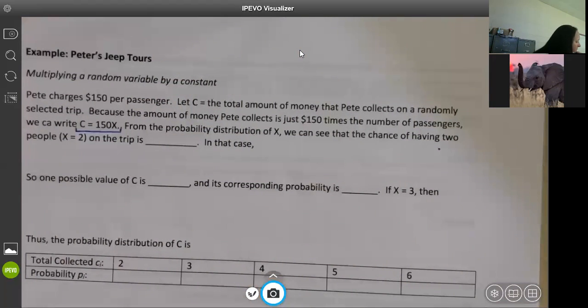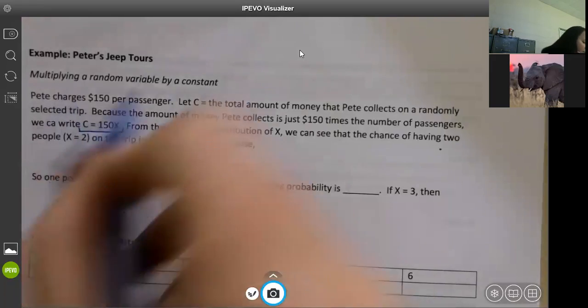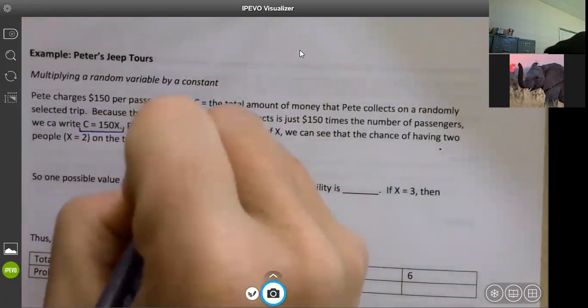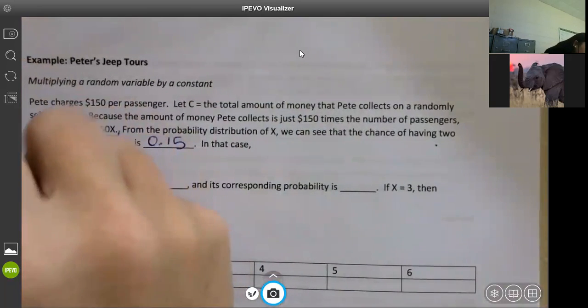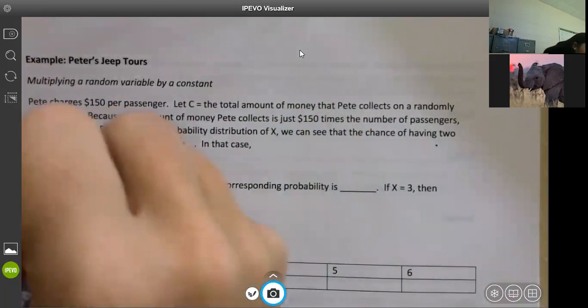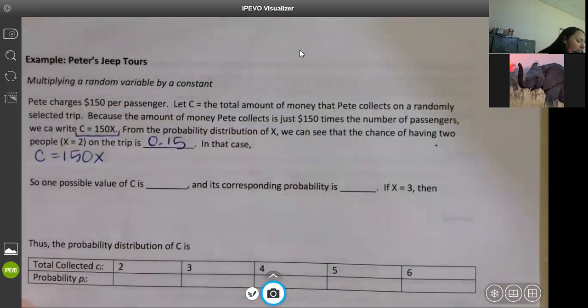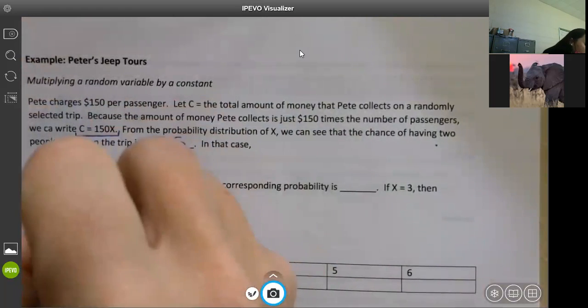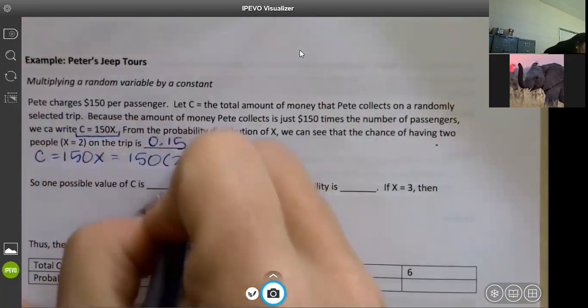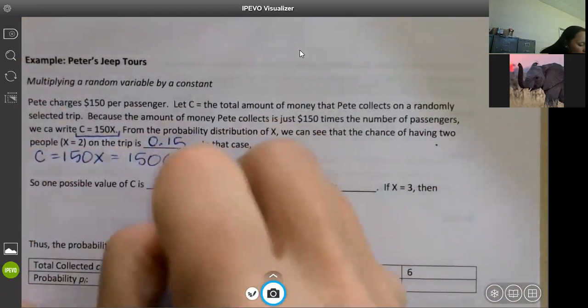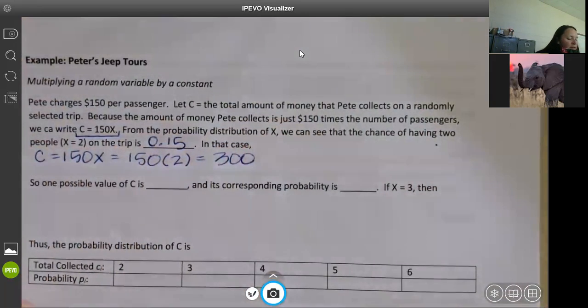From the probability distribution of X, we can see that the chance of having 2 people, or X equals 2, on the trip is 0.15. Since C is 150X, if we're figuring out how much money he's going to collect from 2 passengers, we multiply and get 300.